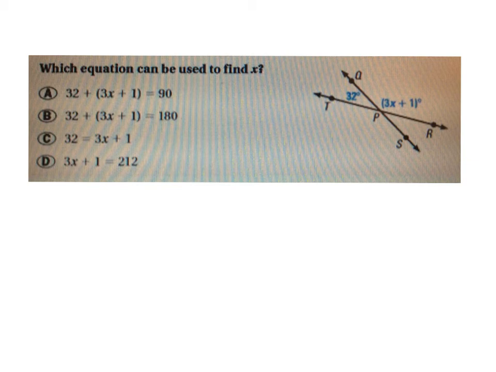We have the angle that's 32 degrees and the angle that is 3x plus 1. Since they are a linear pair, we need that to equal 180 degrees, so we'd just be adding those two angles together. So it'd be 32 plus 3x plus 1 is equal to, and be careful, 180 degrees. Don't get fooled by the first one, I'm giving you 90 degrees.